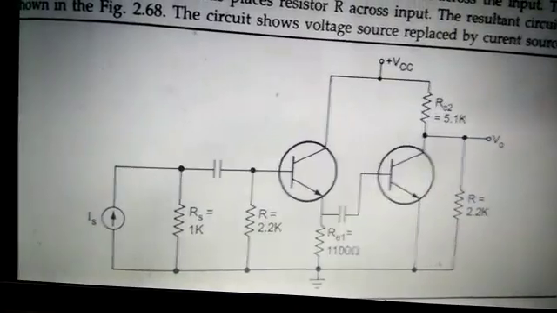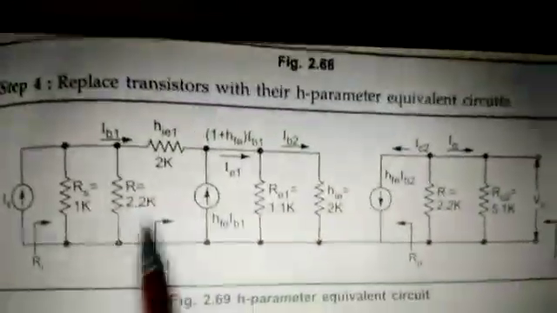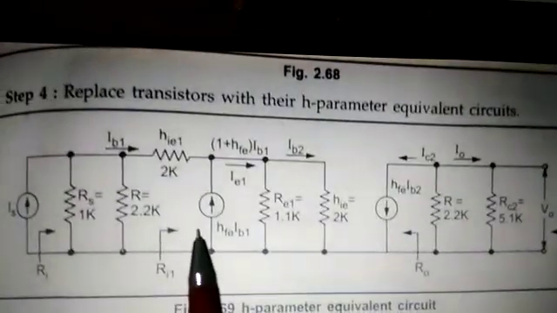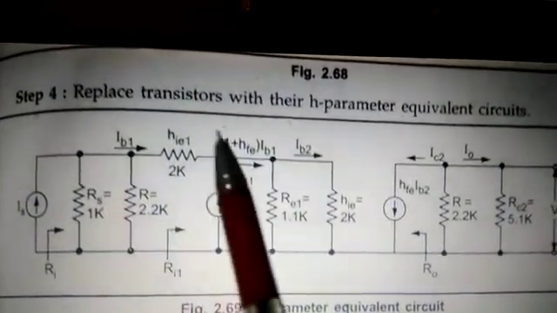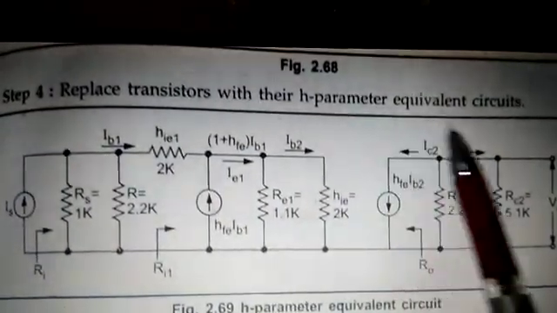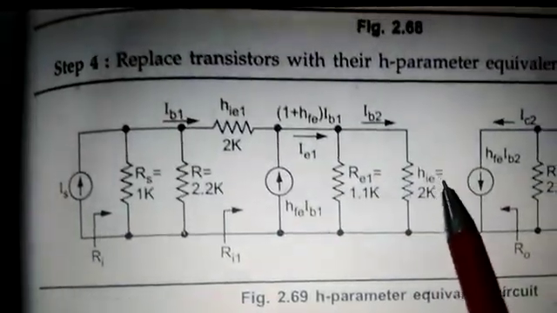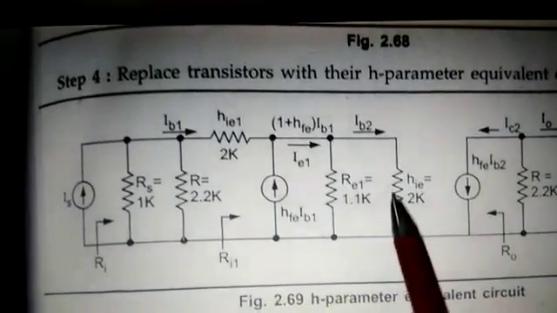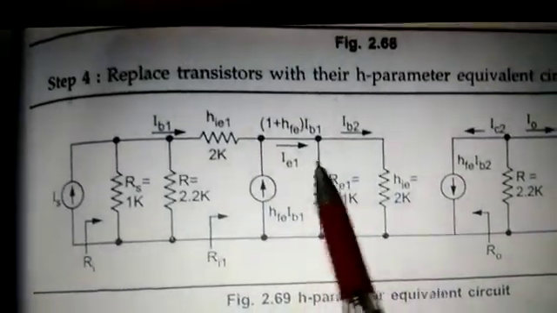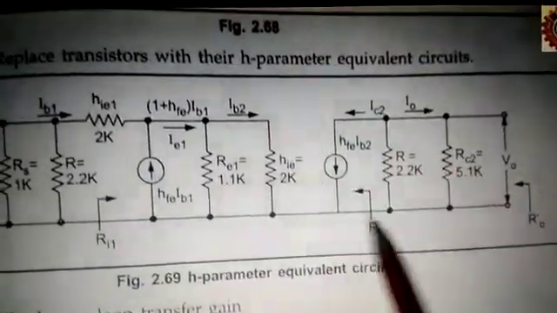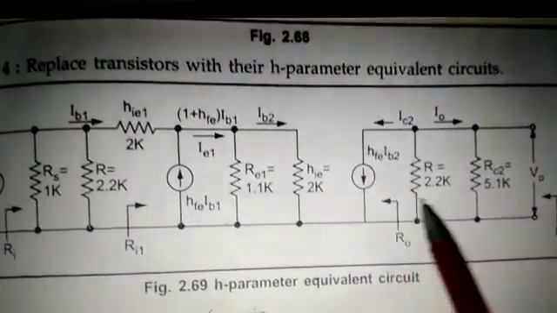Mark these parameters. Now let us see the parameter diagram. You can see the replacement with the H parameter model: replace the transistors with their H parameter equivalent circuits. So this is the transistor 1 equivalent circuit, and this is the transistor 2 equivalent circuit.